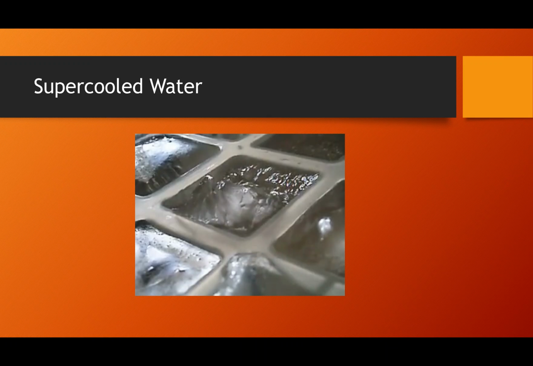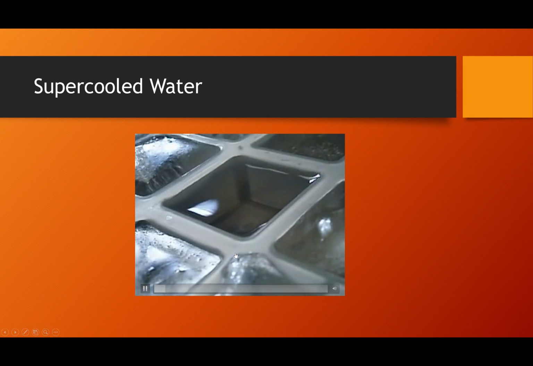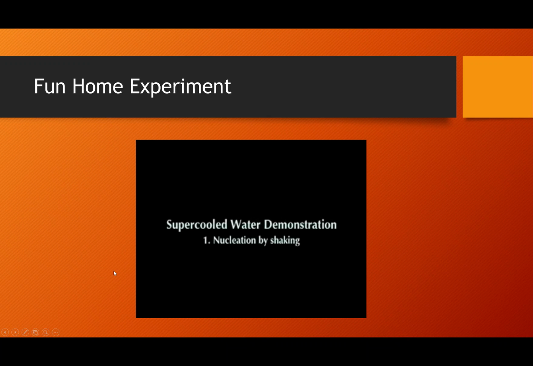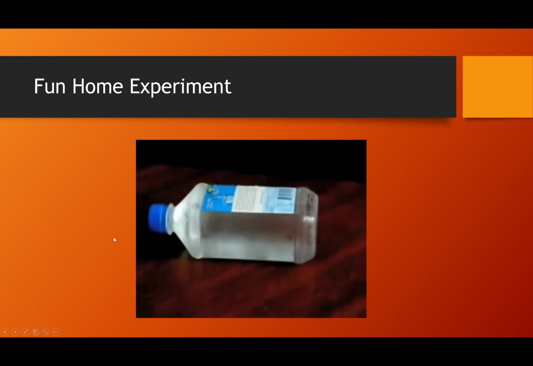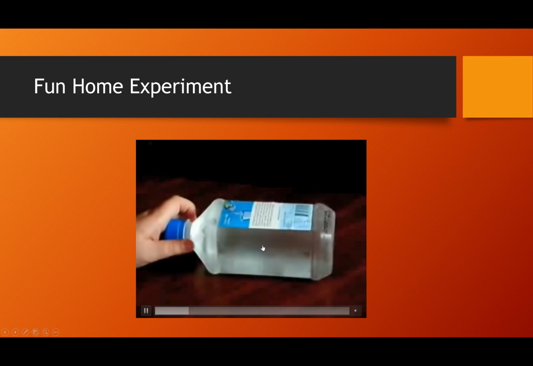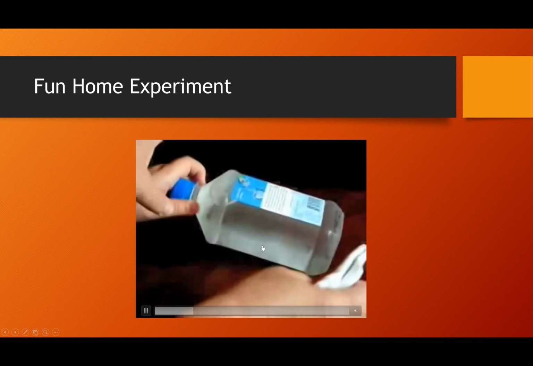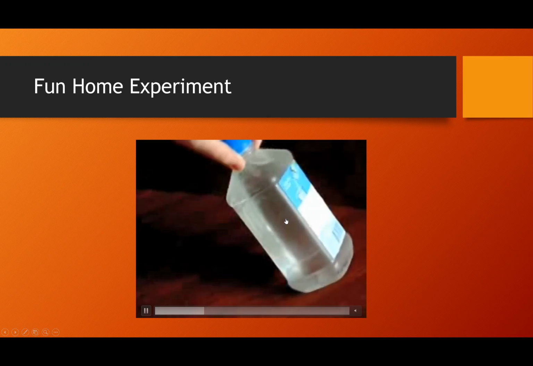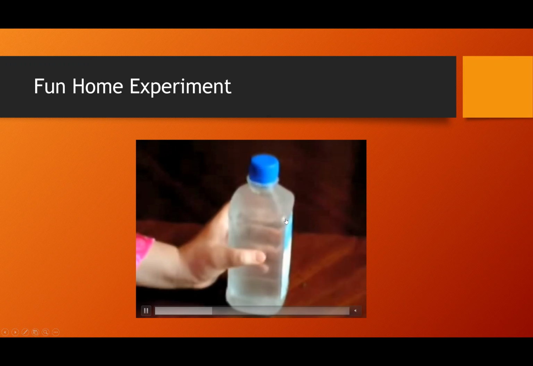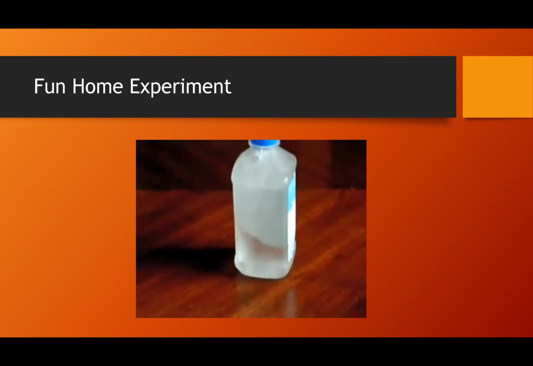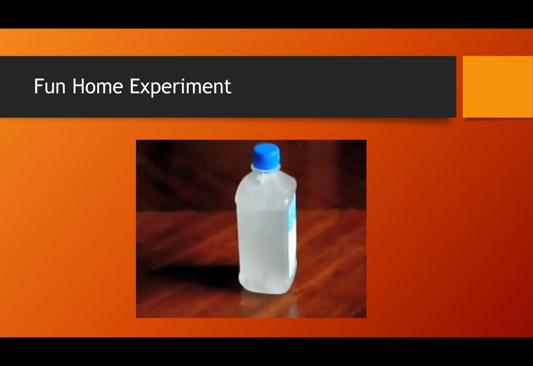And then for a fun home experiment I also found online, you can have a bottle of super cold water. You can also do this with a hydro flask, but because it's not transparent, you have to quickly open the top to see the water freeze.